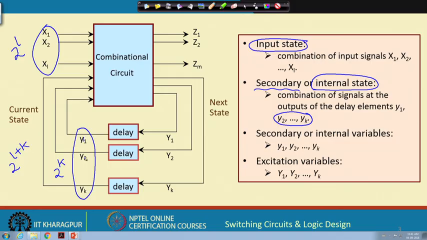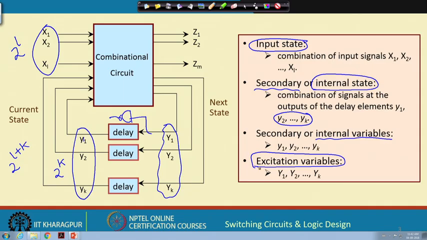Now, this y 1 to y k is sometimes also called secondary or internal variables, and the signals that are fed to the input of this delay element, let us say gates as an example, are referred to by capital Y 1 to capital Y k. These are referred to as excitation variables, right.